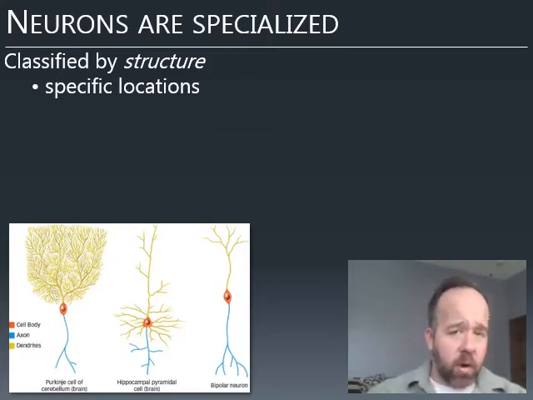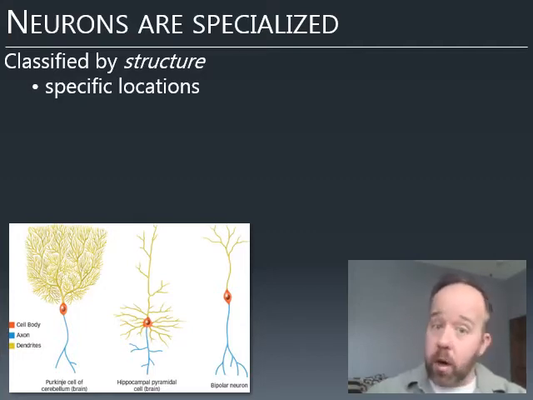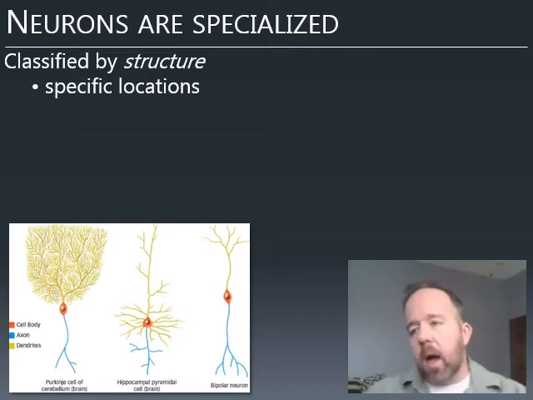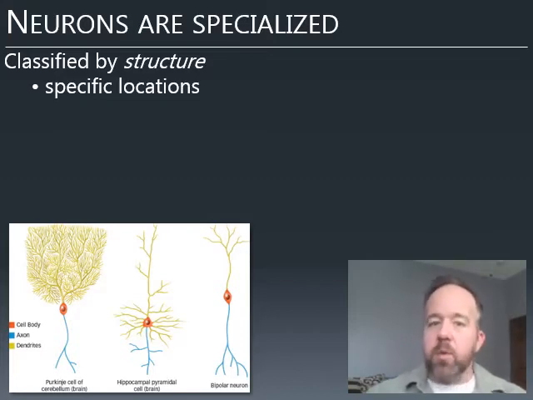Really, especially neurons like pyramidal neurons can be found in multiple places. So it's not the location really that determines what a neuron is called, it's its structure. Now, as it happens, a lot of them, like Purkinje cells, are only found in one particular spot. But we don't want to make the mistake of thinking that there's a one-to-one mapping between certain kinds of neurons and locations. It's really the structure of the neuron that determines what they're called.